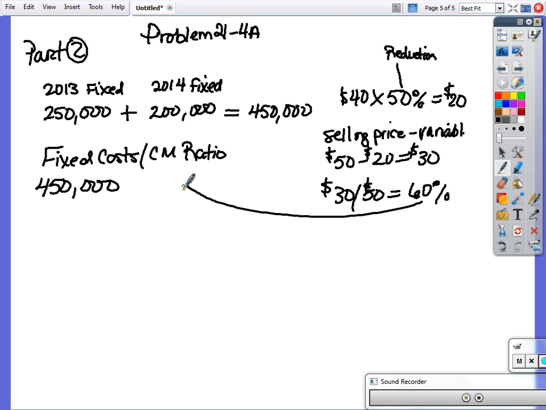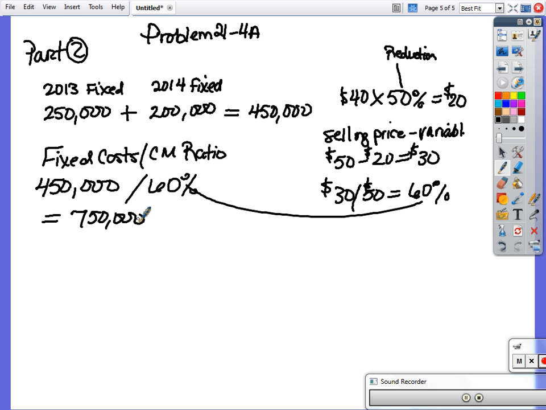Now what comes here? 450,000 divided by 60% is 750,000. 750,000 is the break-even in sales dollars, right?